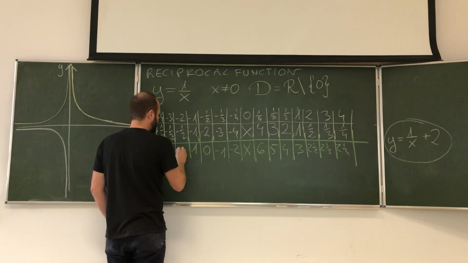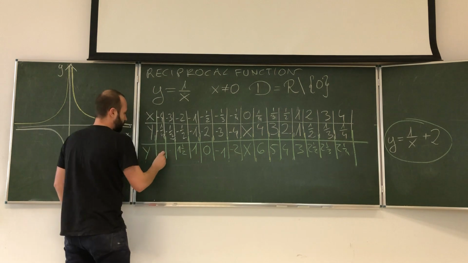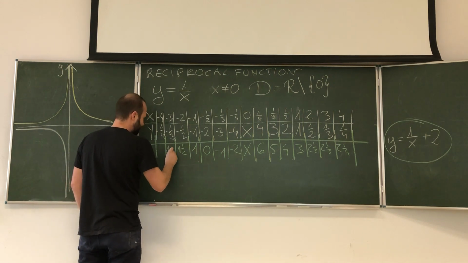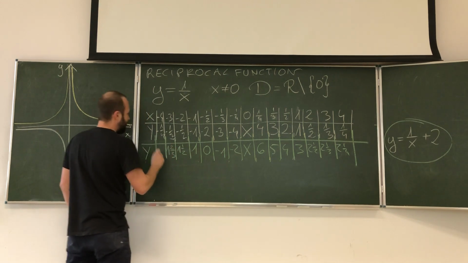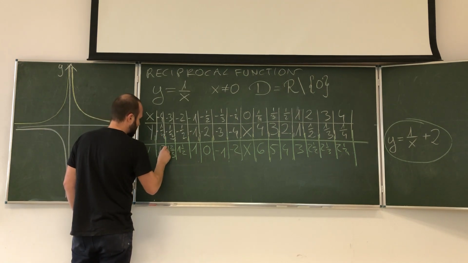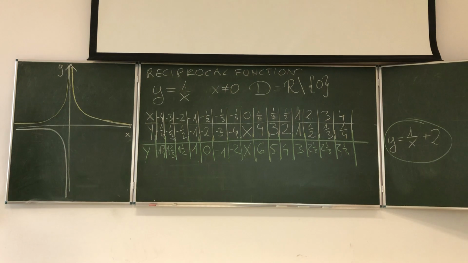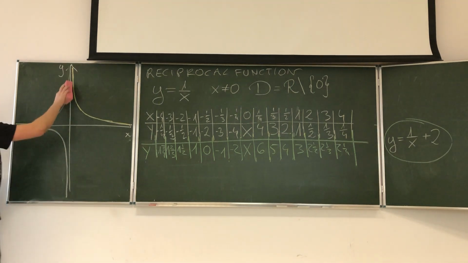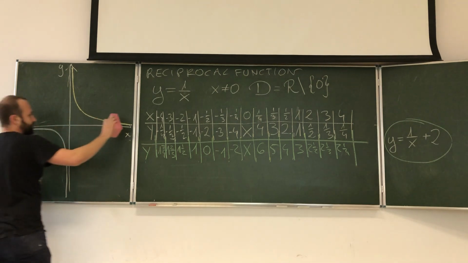Then we will have 1 1/2, 1 2/3, 1 and 3 over 4. Okay, so let me just erase the previous function.